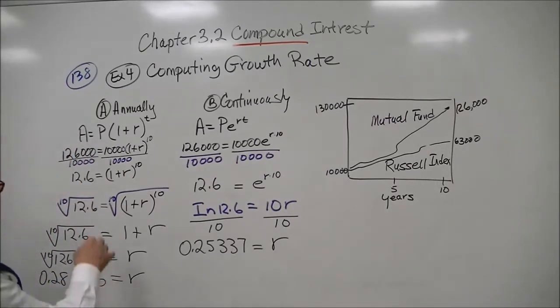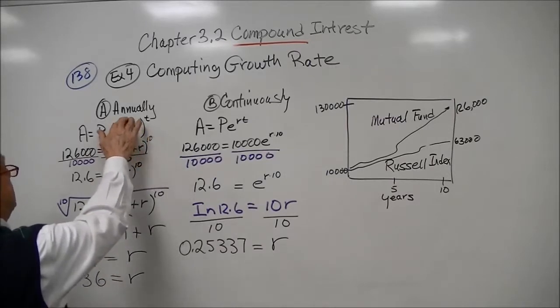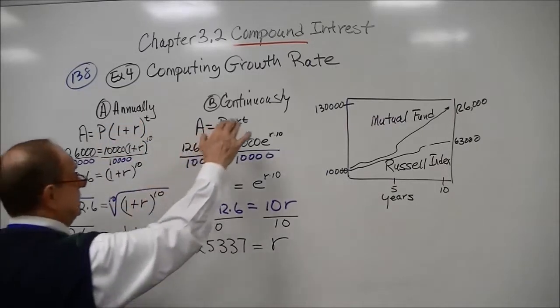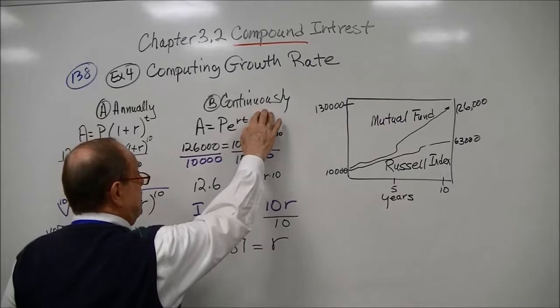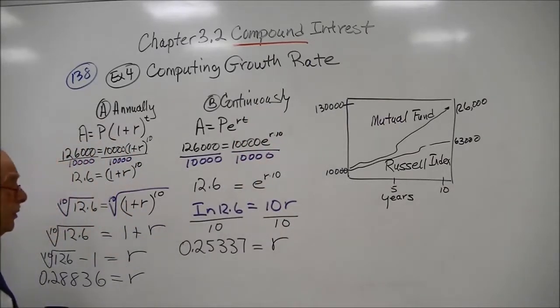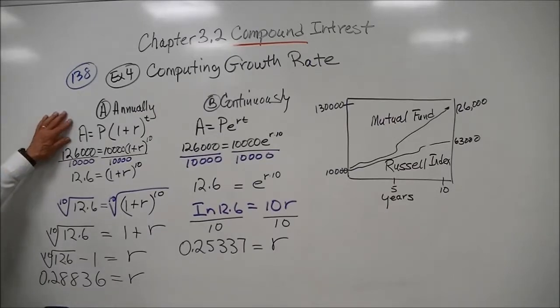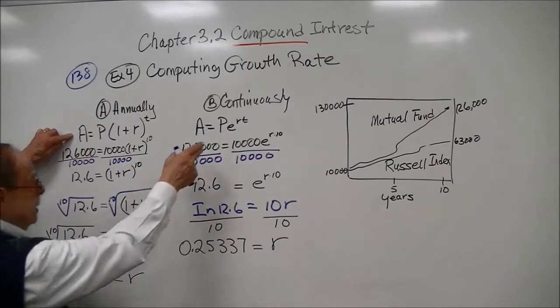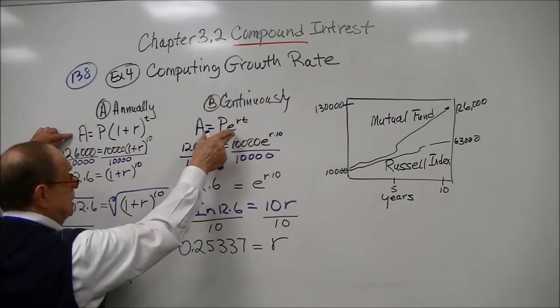And we're wondering if it were done annually and if it was done continuously, what would have been the rates for this? Well, they give us our basic annual rate formula, which is this one right here, and there's our continuous rate formula.